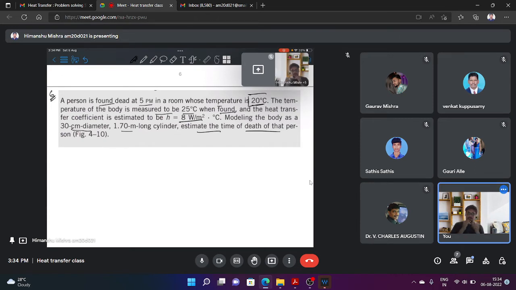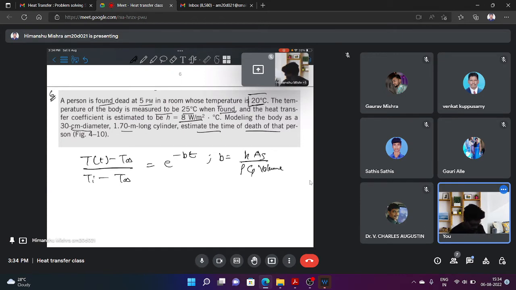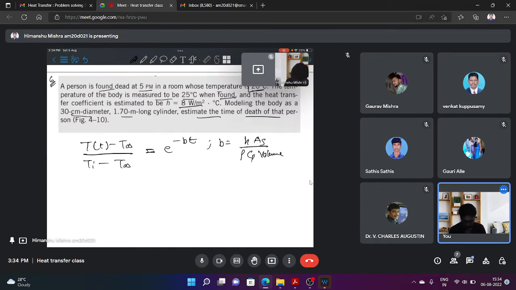So we use the lumped heat transfer analysis in this problem, and the equation can be written as this. So this is my equation of lumped heat analysis.